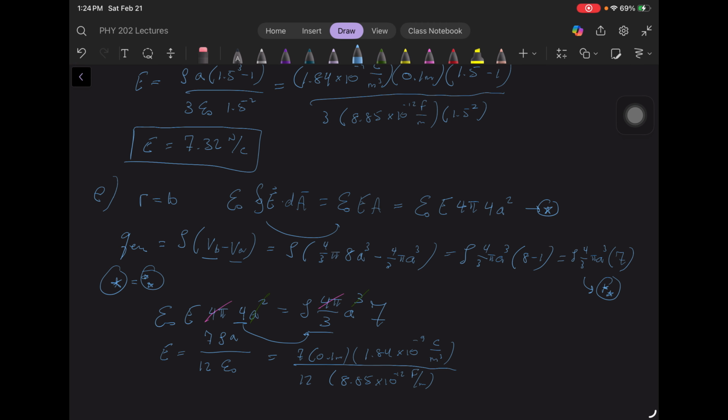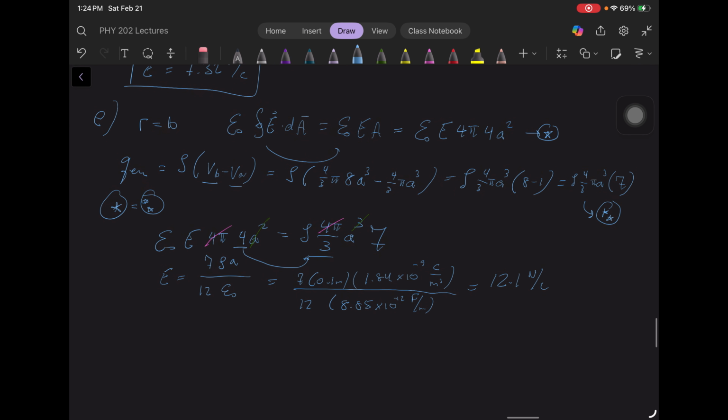And we get, plug all this into Desmos, and we get 12.1 newtons per coulomb. And then we can write our answer a little nicer so we can box it up, right? And so we get E is equal to 12.1 newtons per coulomb.